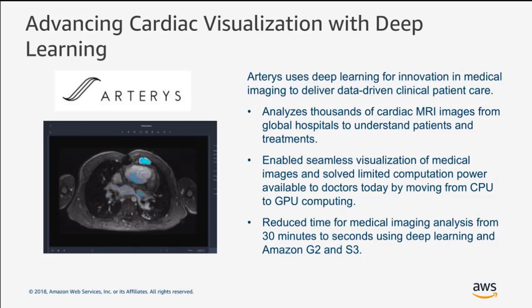This used to take days or weeks and was a very custom activity built only for patients with very specific issues or problems, and now it can be spread more widely and built more quickly using the resources that AWS makes available and that Arteris has built.